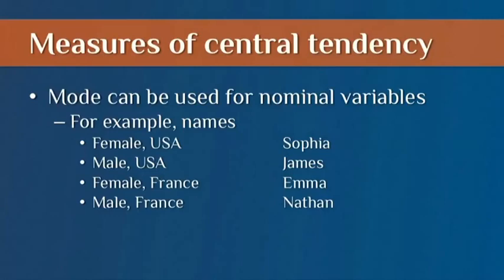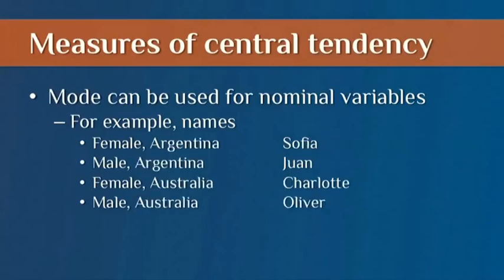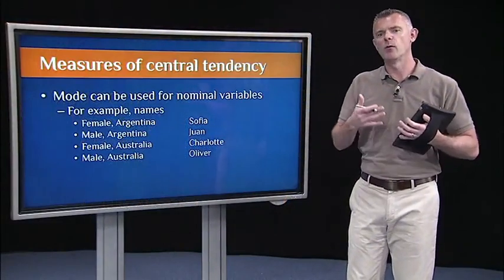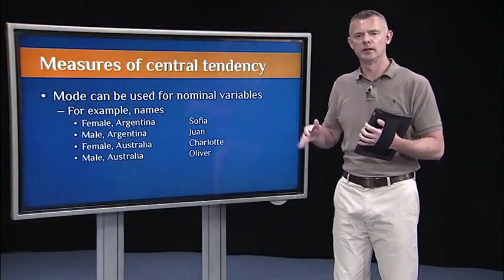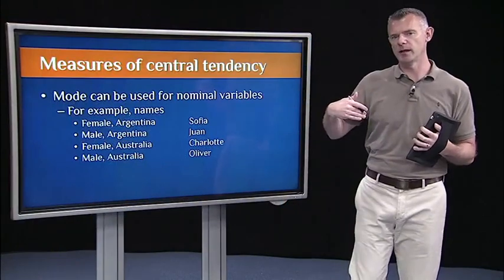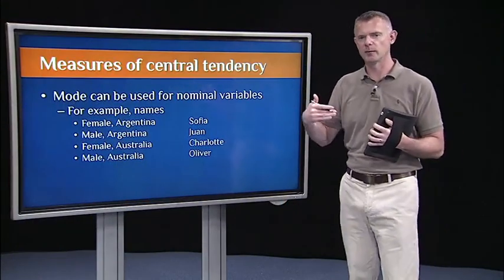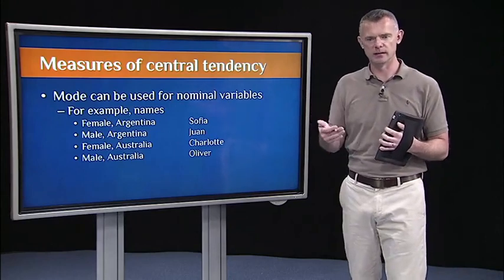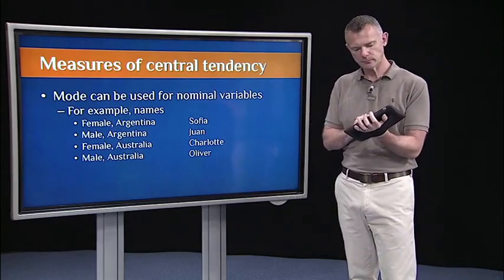In France, it's Emma and Nathan. In Argentina, it's Sophia and Juan. And in Australia, it's Charlotte and Oliver. Those are the modal baby names. They're the ones that occur most often. It's only the mode that we can apply to nominal variables. We can't apply the average, for example, to nominal variables or the median to nominal variables.